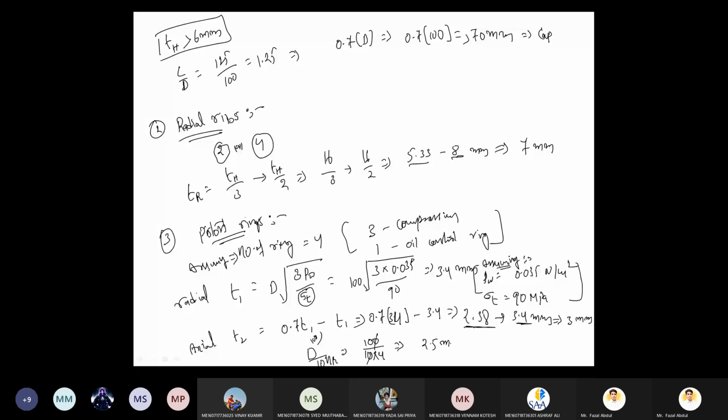So the axial thickness of the piston we already calculated as 3 mm, and with this equation we got 2.5. Which one is the maximum? 3 is the maximum, so the maximum value I'm taking as the axial thickness.